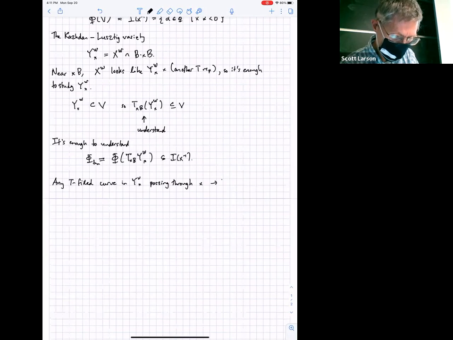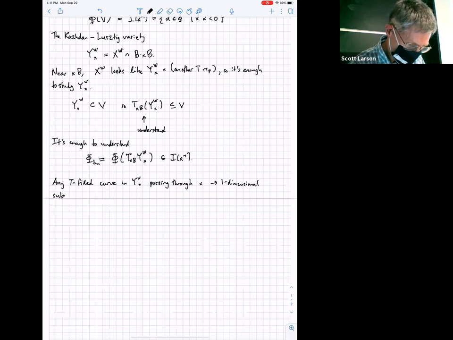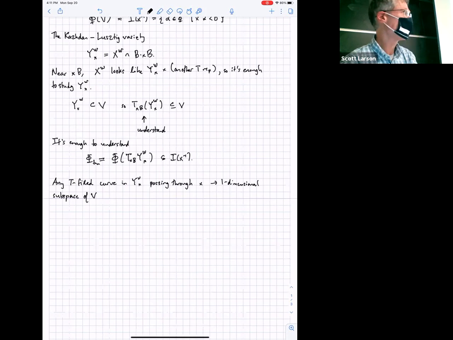It turns out it has to be a smooth curve. It gives a one-dimensional subspace of V, namely its tangent. The tangent space of that curve is a one-dimensional subspace of V.